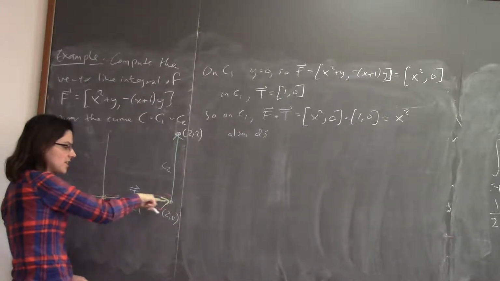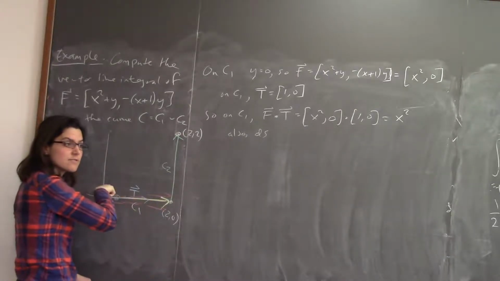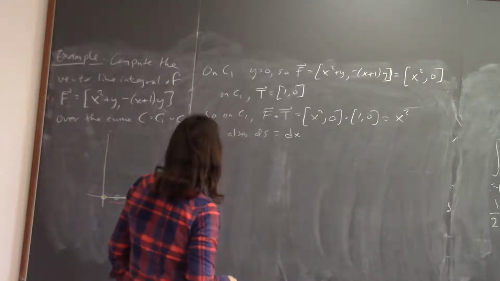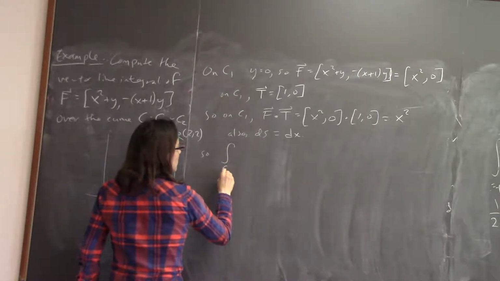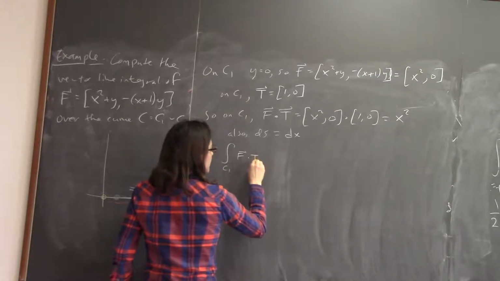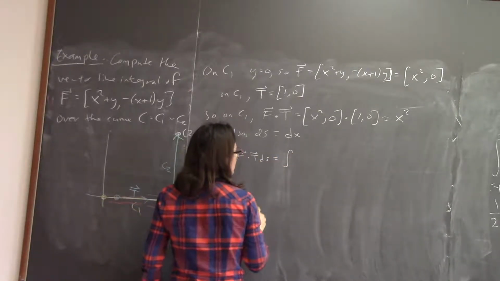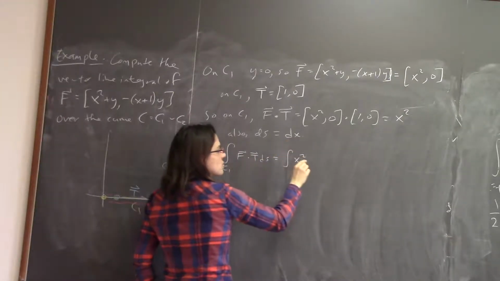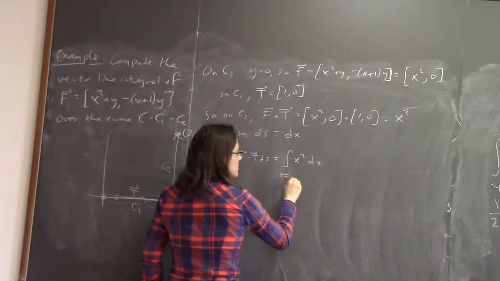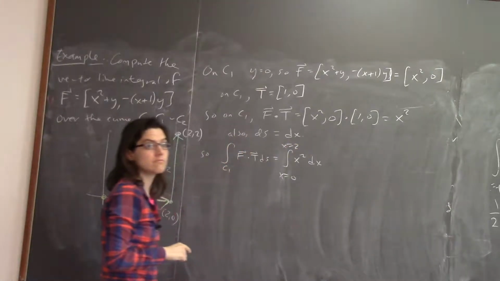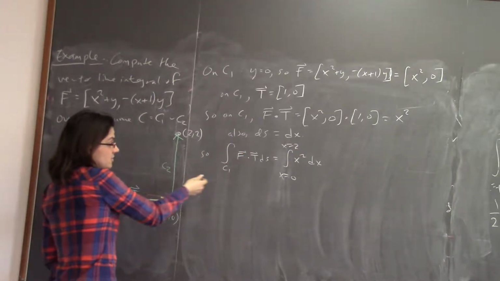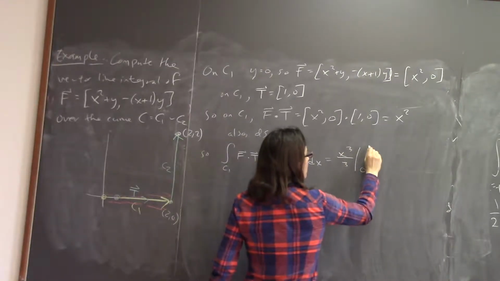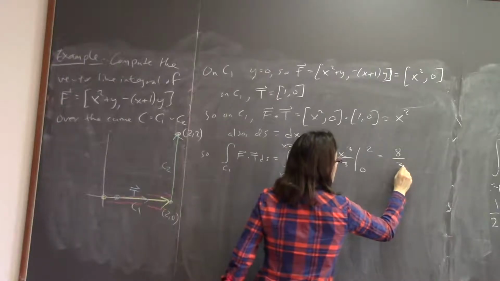But along the x-axis, it's just dx. So the integral over C1 of f dot t ds is the integral of x squared times dx, from x equals 0 to x equals 2. That's just x cubed over 3 from 0 to 2, which is 8 over 3.